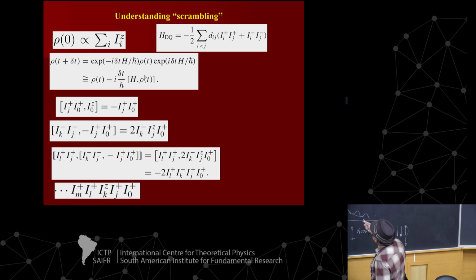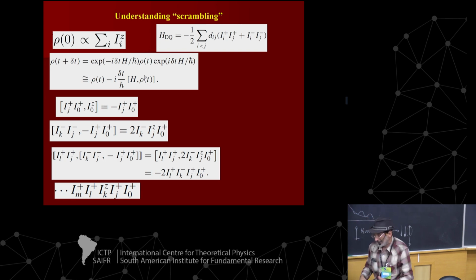So you start with this spin, and because of the commutator, you end up having two spins correlated. And then you do another commutation of this state with another Hamiltonian, then you go to 3, and so on.